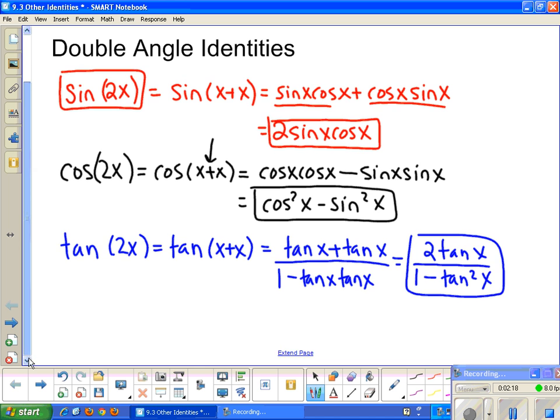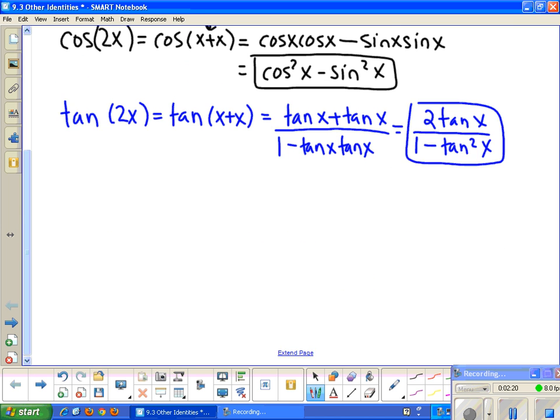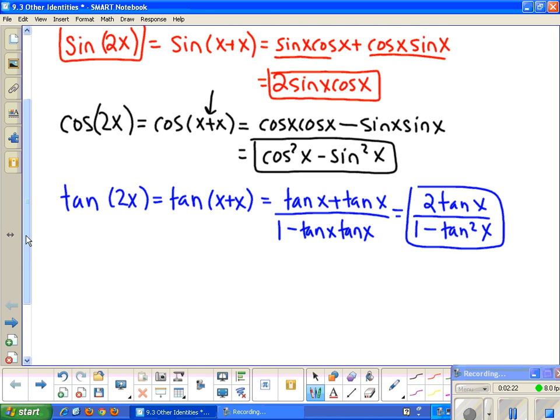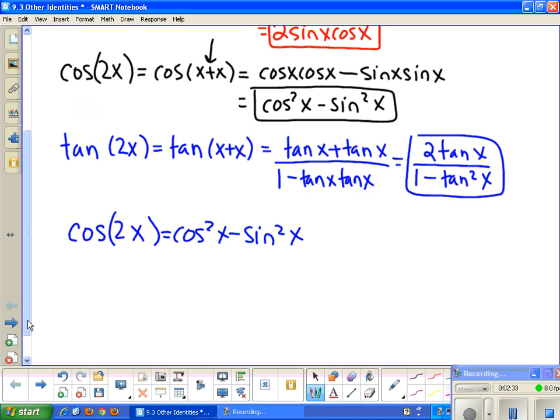Now, the cosine double angle identity also has two other forms that we use. So going back to the cosine of 2x, we just said it was cosine squared x minus sine squared x. Well, remember that we also have identities for cosine squared and sine squared. Remember, cosine squared x equals 1 minus sine squared x, and sine squared x equals 1 minus cosine squared x.